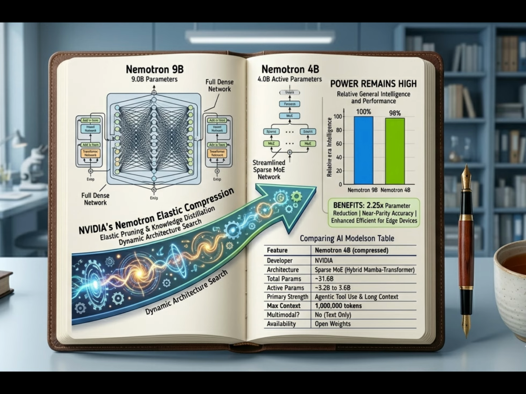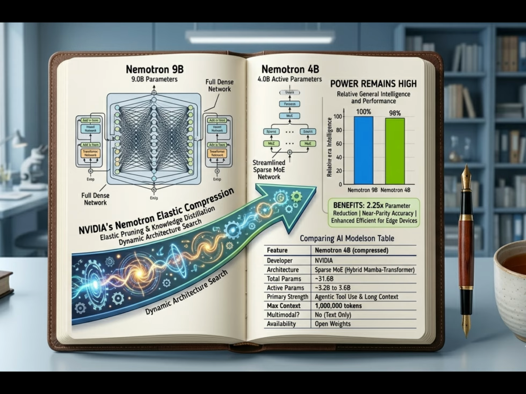Now that we clarified that, let's proceed to some more details. Here you see the Nemotron 9 billion. From that our model comes, and from that model with elastic compression, a technology of NVIDIA that is very powerful and can compress the model so it doesn't lose much of its power.